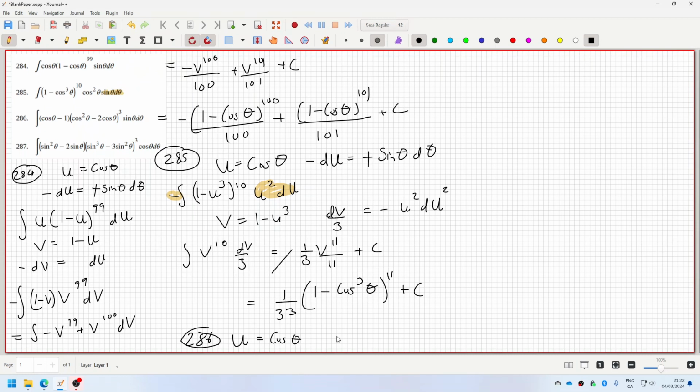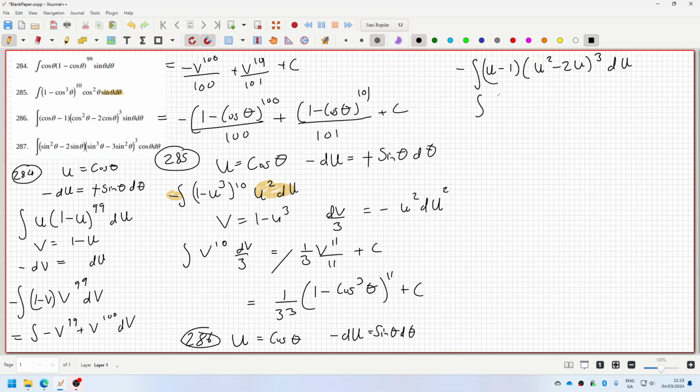Well, we've seen this already now. So minus du equals sine theta d theta. So then the question becomes cos theta minus 1. That's u minus 1. u squared minus 2u cubed, and then sine theta d theta, that's du with a minus.